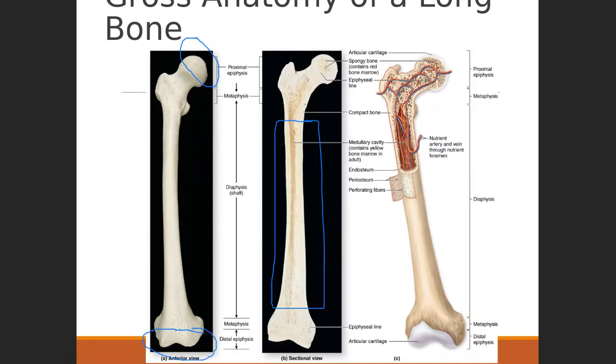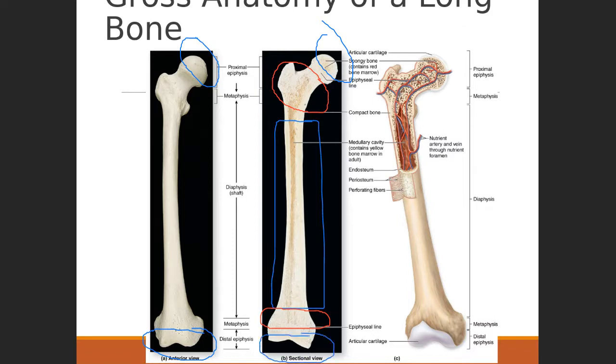So each long bone would have two epiphyses, one at each proximal and distal end. The metaphysis now becomes the region of the bone in between each epiphysis and the diaphysis. So the red circle would be the metaphyseal region of the bones here on the diagram.